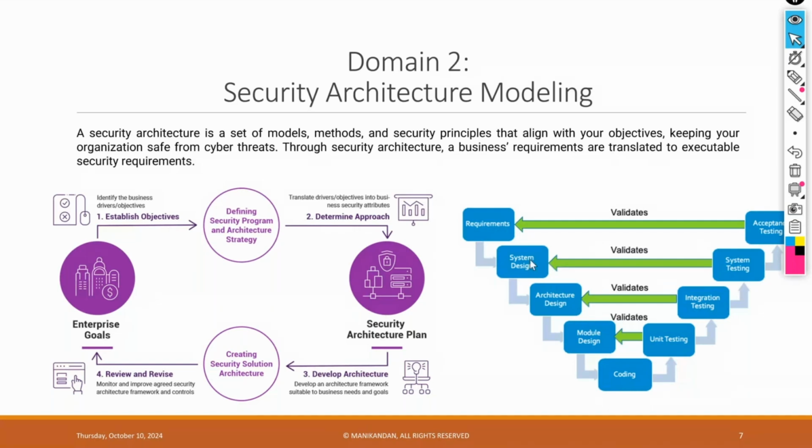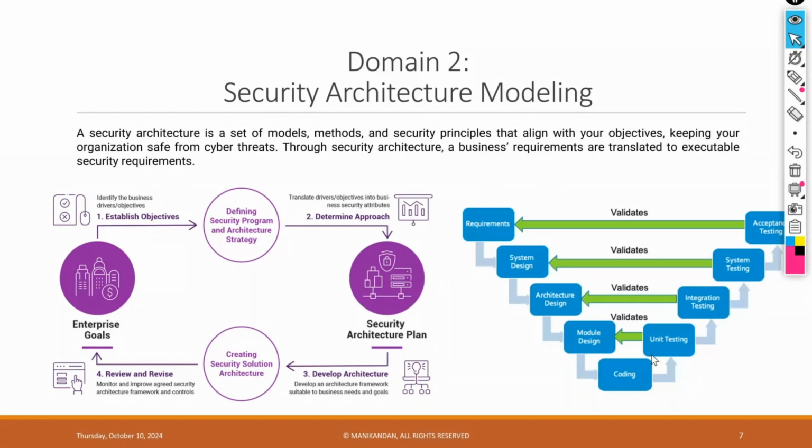Then we create a high level architecture, so how the data flow is going to look. We develop individual modules and then we code. After the coding, we do the testing: unit testing, integration testing, system testing and acceptance testing.